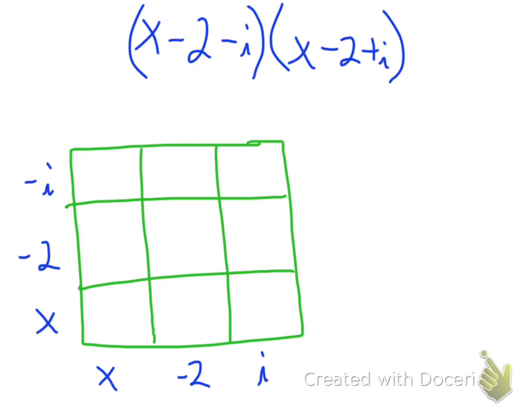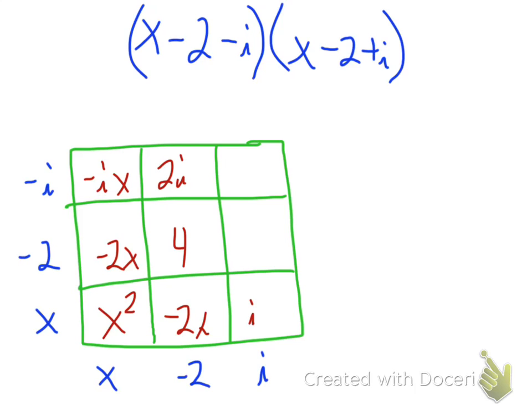solve each individual box. X squared, negative 2x, negative i times x, negative 2x here as well, positive 4, positive 2i, i times x, negative 2i, and then negative i squared.